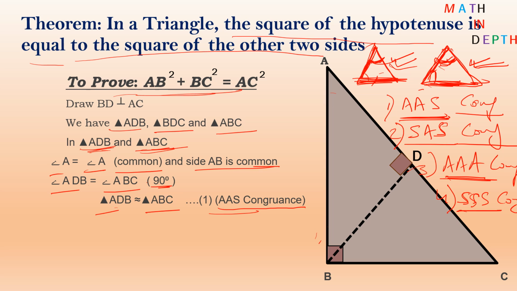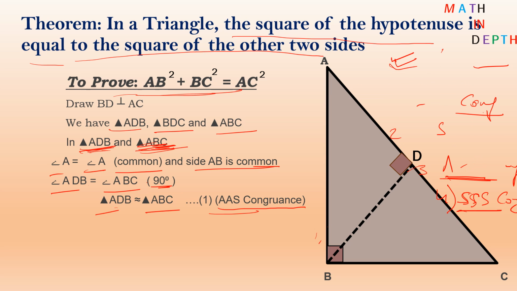I will post the video link, so you can go through that video and have a better understanding of the theorems based on similar triangles. So here we have used AAS congruence, and we have proved that triangles ADB and ABC are similar to each other. Clear?